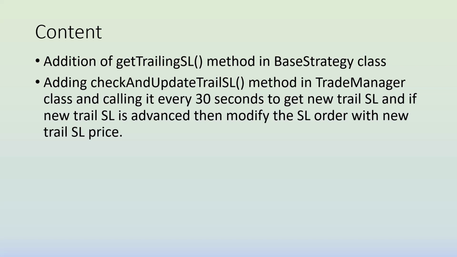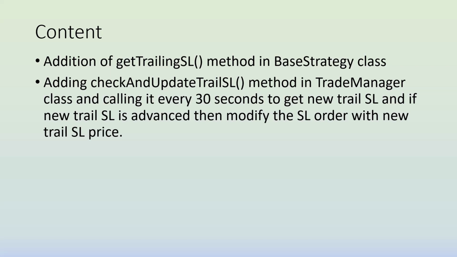If that strategy gives a non-zero value, that means trailing SL is applicable for that trade. Then it will check the current stop loss and the new trail SL given by the strategy. If the new trail SL is advanced compared to the current stop loss, then we'll modify the SL order. What is advanced here? In case of a long trade, let's say your stop loss is currently 100 rupees, and the new trailing SL is 101. 101 is greater than 100, so that is advanced.